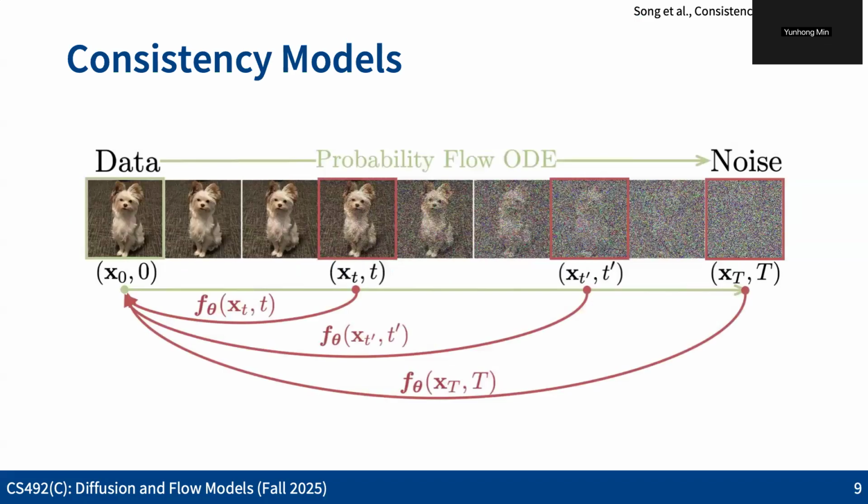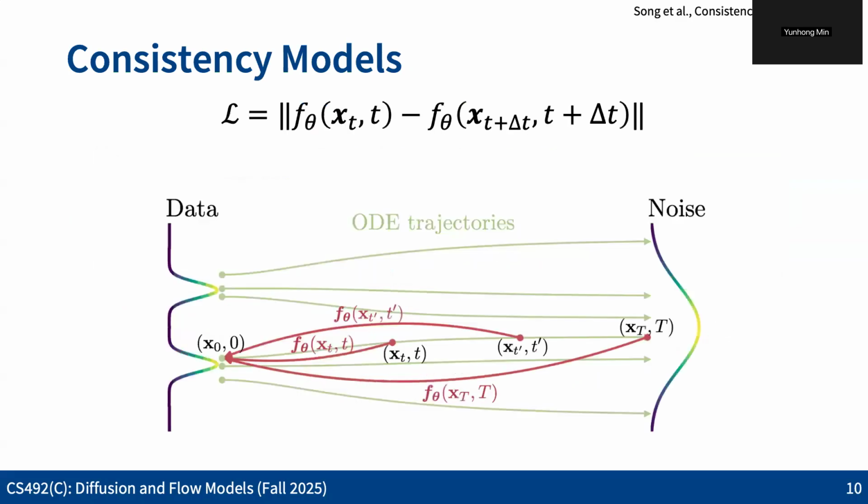The most representative idea for fine-tuning based acceleration is the consistency models. We are not going to get into any details, but the basic idea of this technique is that you first compute the ODE, which means that from a noise sample, a standard Gaussian sample, you run the ODE solver all the way until you get a realistic data point, right?